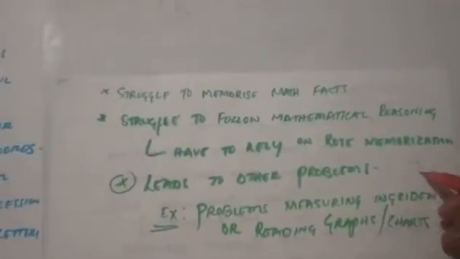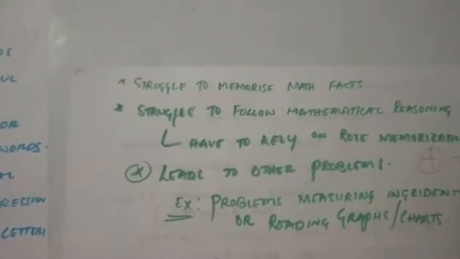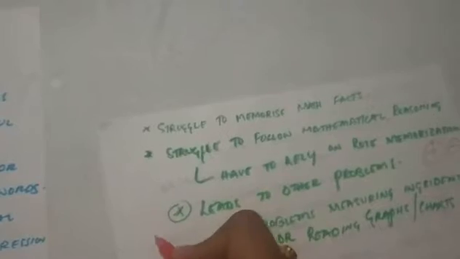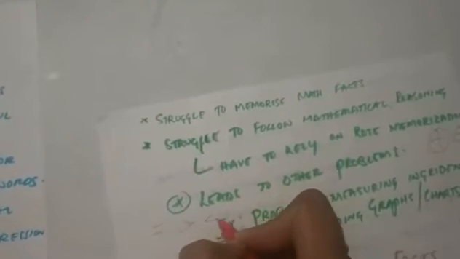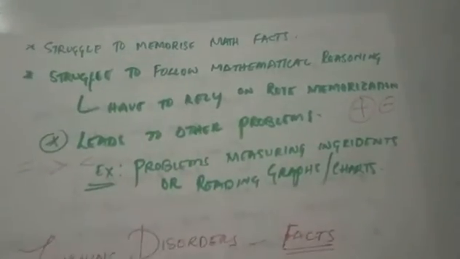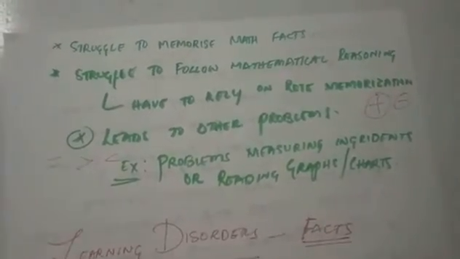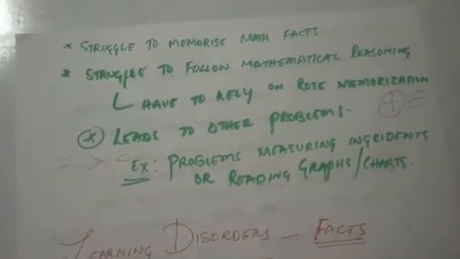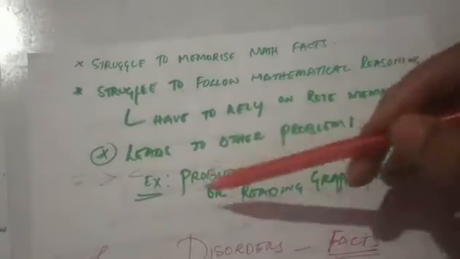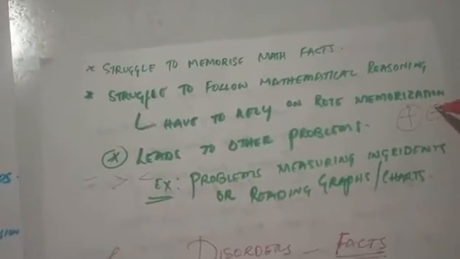When I told you that there is a problem with the addition sign, subtraction sign, equal to, greater than, lesser than, then you can make out that these individuals have problems with the basic elements of mathematics, struggle to follow mathematical reasoning, and have to rely on rote memorization.